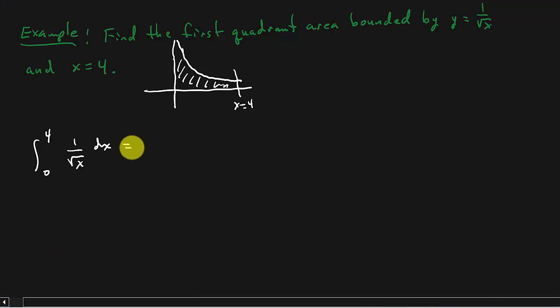So what I would need to do here is the limit as, let's use t, goes to 0. That's going to be the integral from t to 4, and this 1 over square root of x, I'm going to write that as x to the negative 1/2 dx. So where it's undefined, that's what we're replacing with 0.